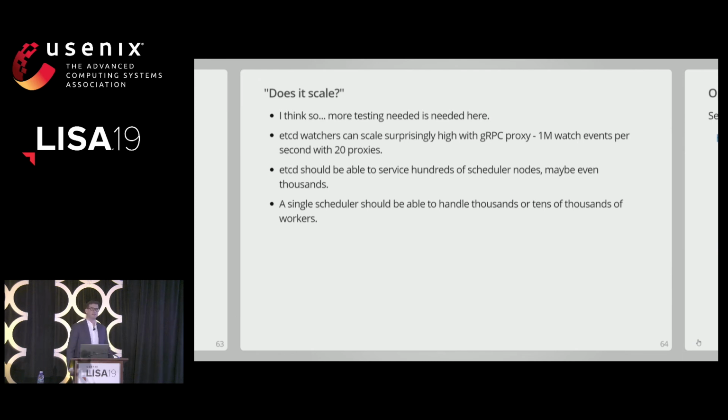And you can set this up in front of etcd, and you can fan out as many watchers as you like. So they benchmarked 20 gRPC proxies. They served 1 million watchers per second. And so, that means that we should be able to service hundreds of scheduler nodes. And a single scheduler should be able to service thousands of workers. So, hey, that's getting up there.